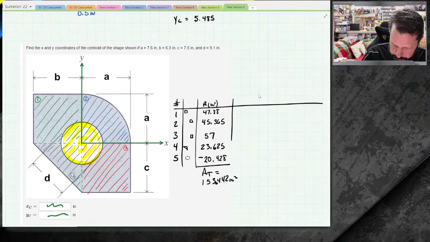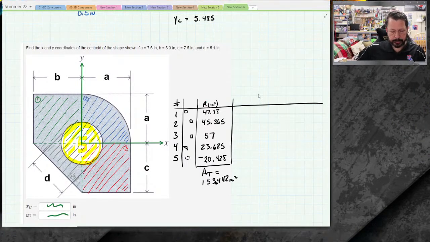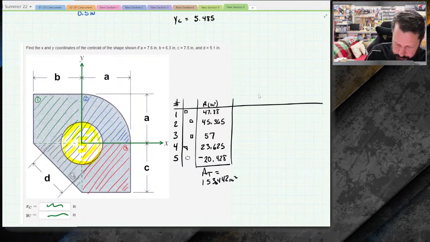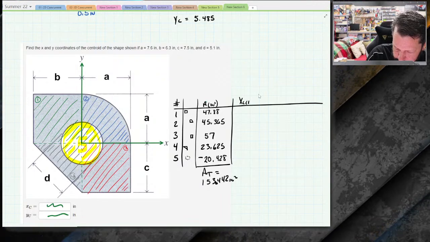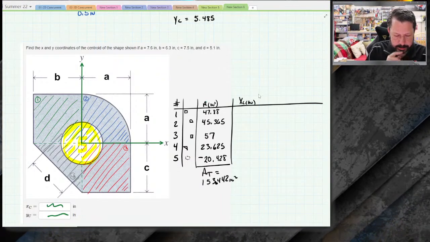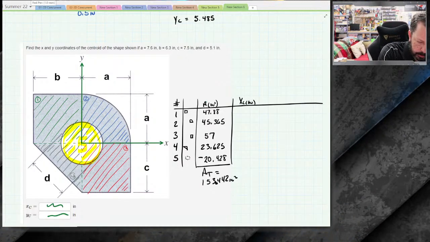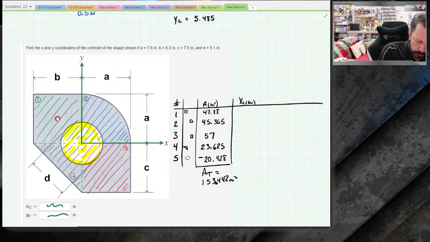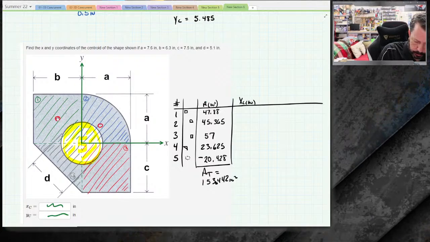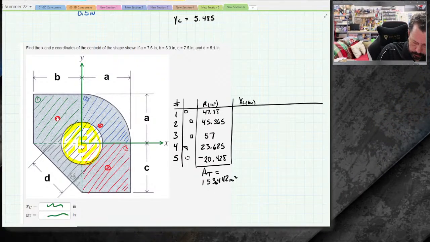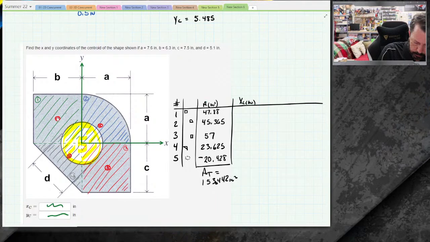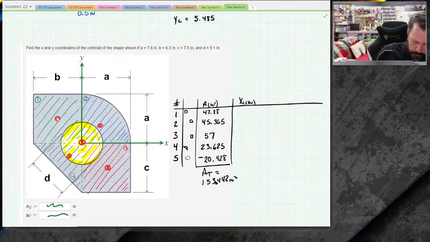Also, now let's just do x sub c, measured in inches. So this is where I would go in and mark the centroid for each part. And the circle looks like it's right there in the middle.